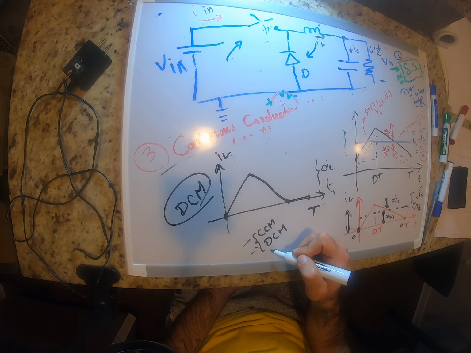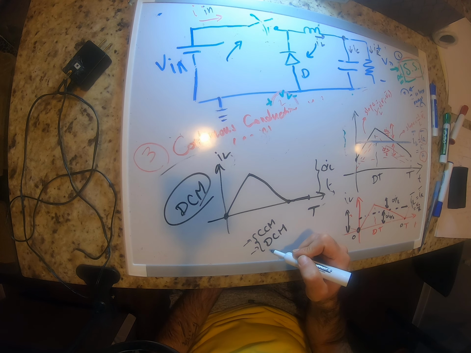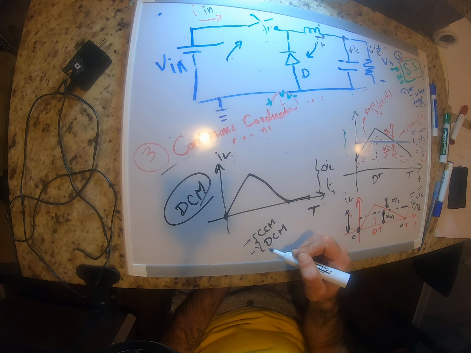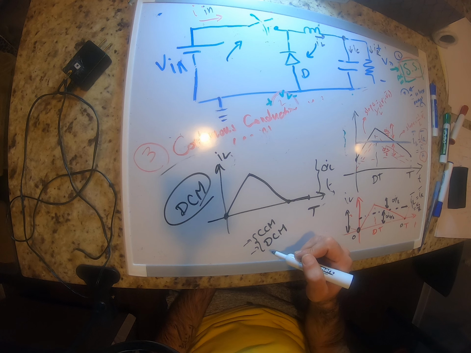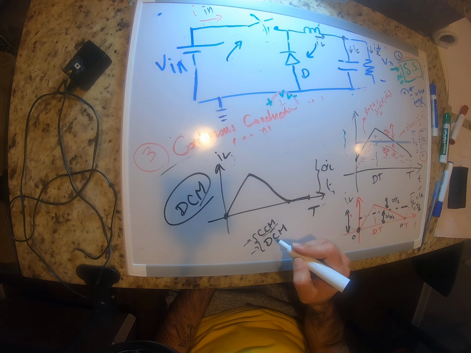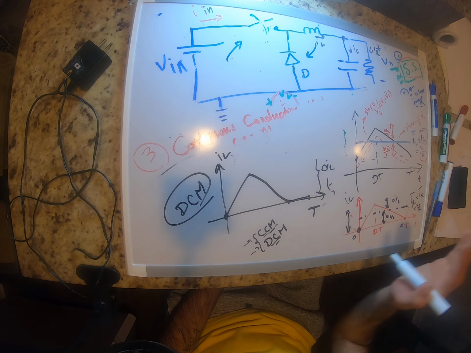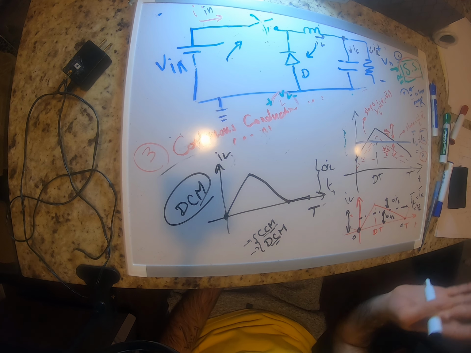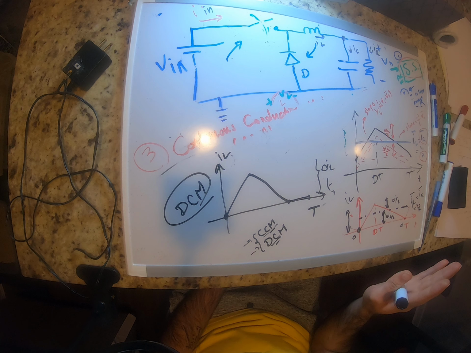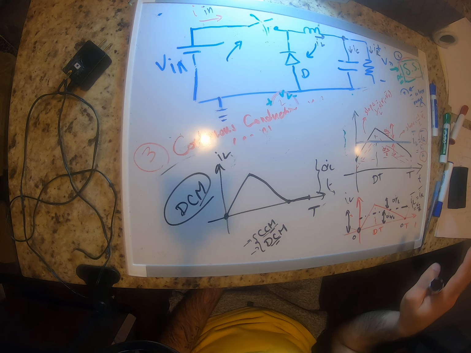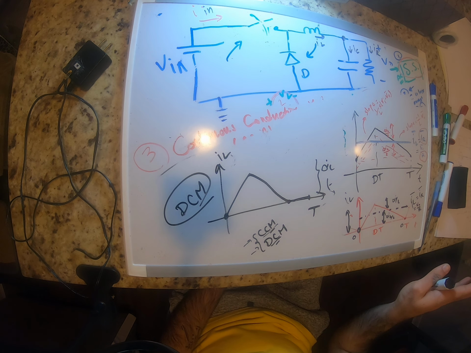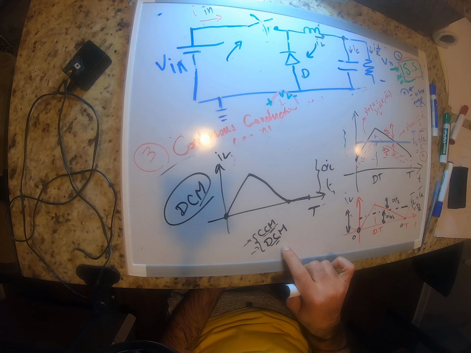Each of them has its own advantages and disadvantages, but when you design your circuit, you have to know if you're going to be in the CCM or DCM, because the dynamics of the circuit and the formulas are going to be totally different. The output voltage is not going to be D times input voltage anymore in the DCM.